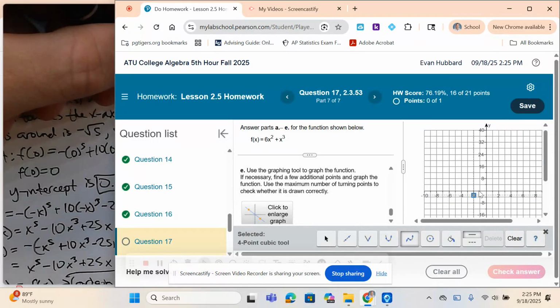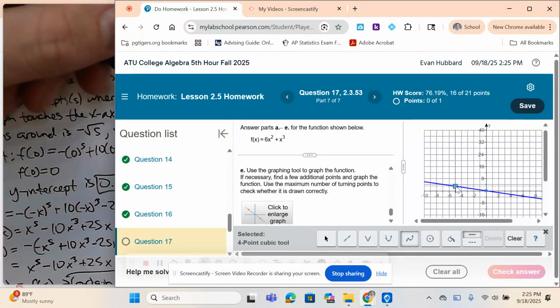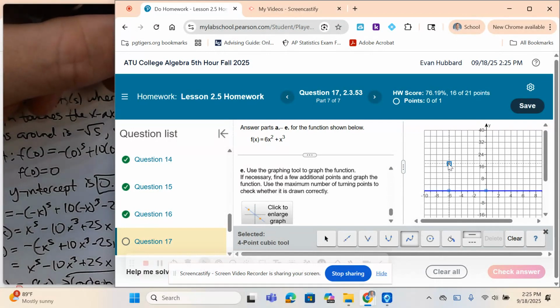So it's going to be at 0 and negative 6. And then we've got a double root at 0. Okay.